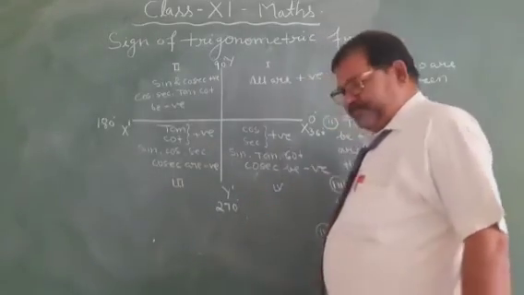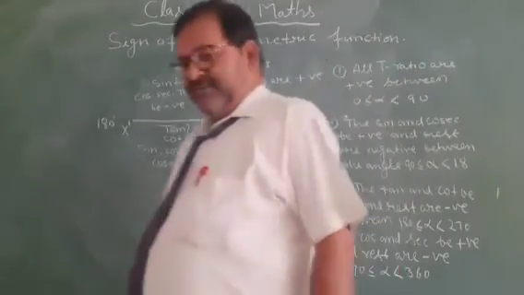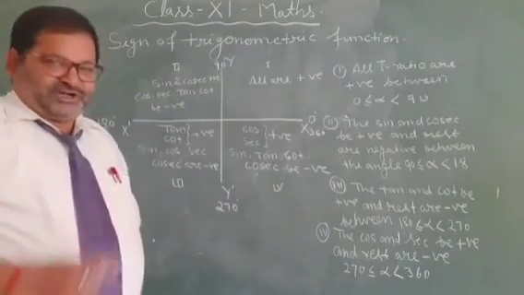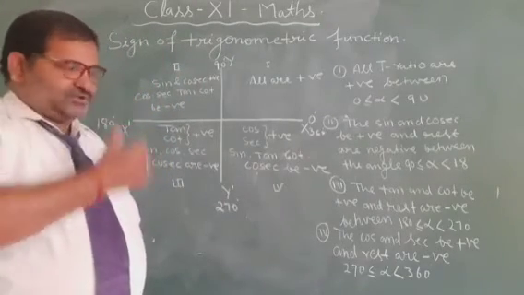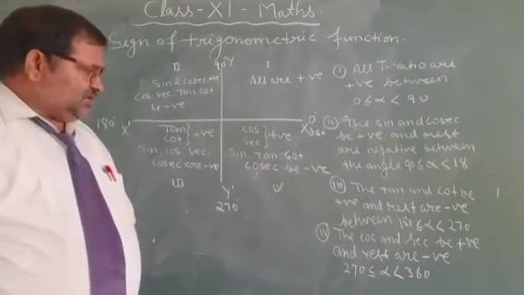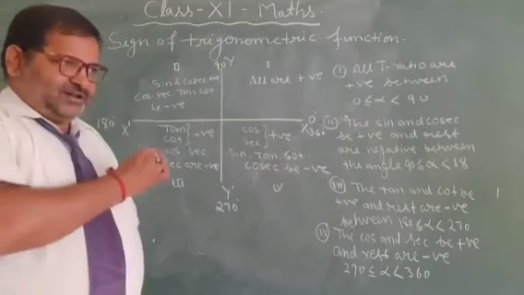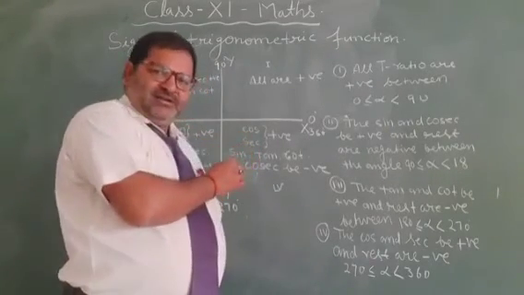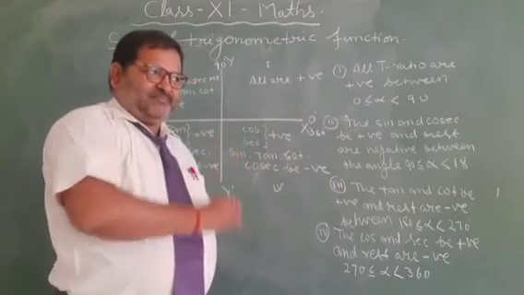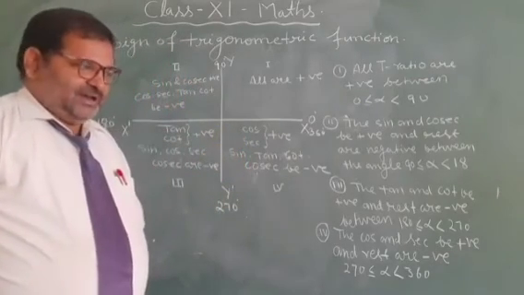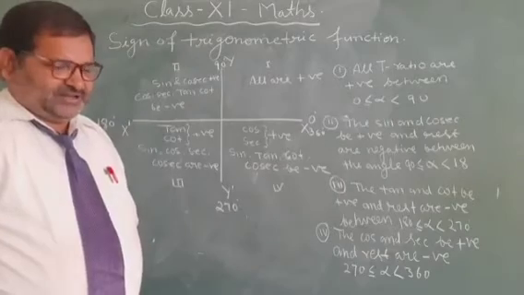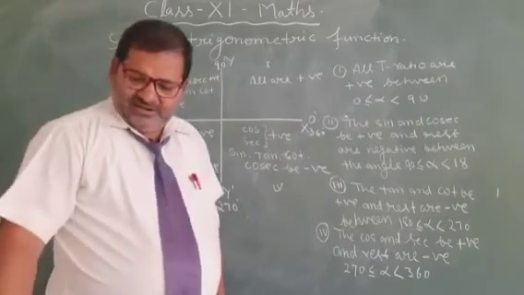And the last, the angle lies between 270 to 360, then the cos and sec be positive and the rest of the trigonometric functions be negative. Now clear? Next point.